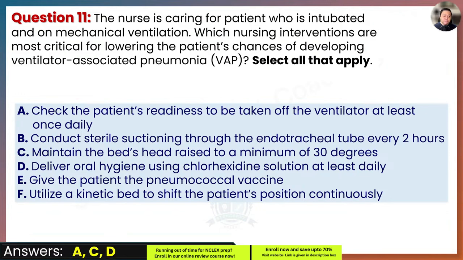So, when you're caring for a patient on a ventilator, and also when you're preventing VAP, again, this is a huge risk for this type of patient. We know that VAP is a serious complication that can happen from prolonged intubation, which allows bacteria from the outside environment to travel into the lungs because they no longer have the normal defense.